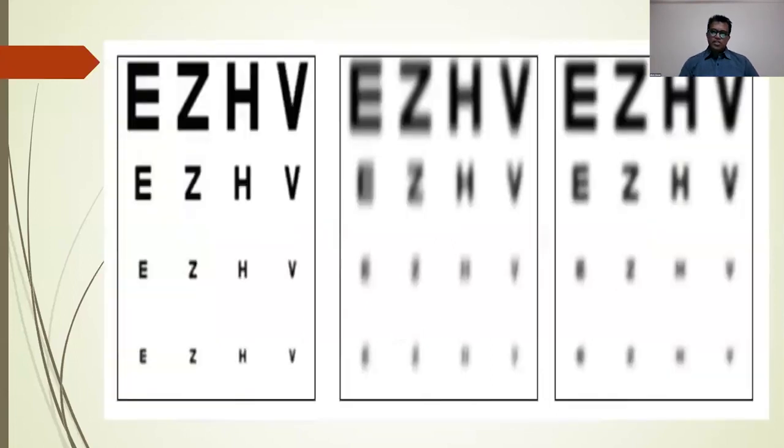Now, supposing you are doing a refraction for a patient, and you end up giving a lesser kind of vision to your patient, then what happens? The patient is not happy, because the patient says, I came to XYZ practitioner and I expected the best corrected vision, and this is what I've got. Or he leaves the clinic, makes a pair of spectacles, and then is not able to see the world in a very clear way.